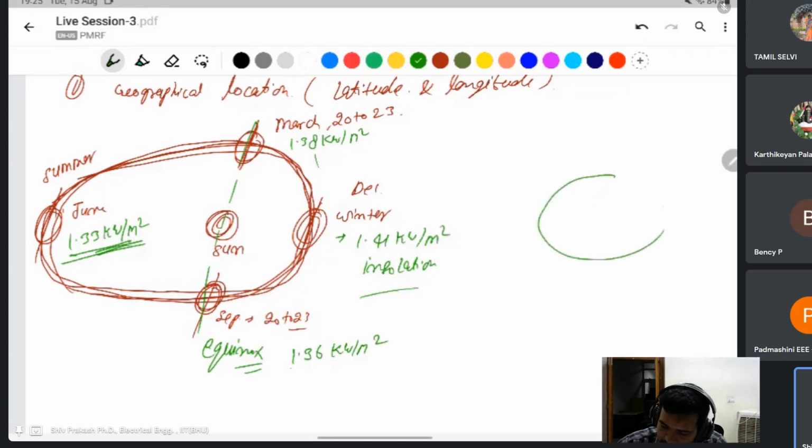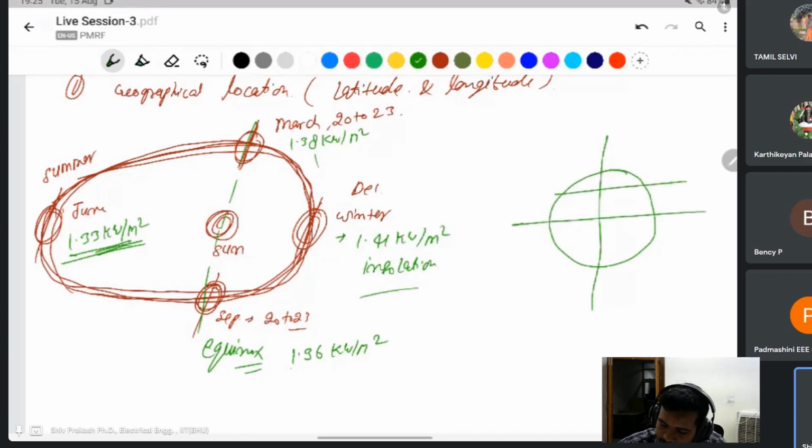Like this is 23.5 degrees. Sorry, degree. This is the orientation of the Earth. You can say this one is the declination angle delta.